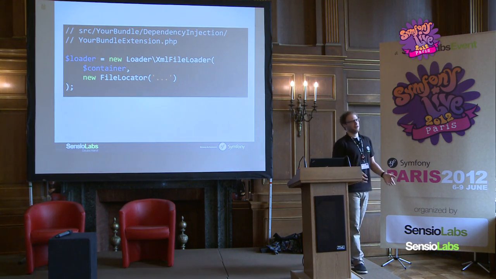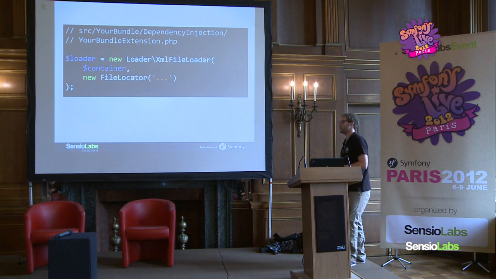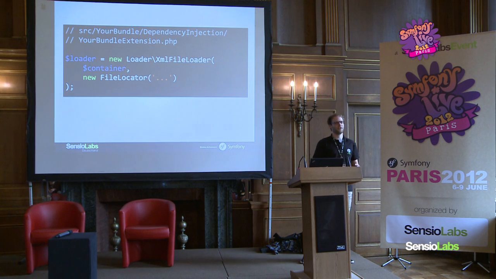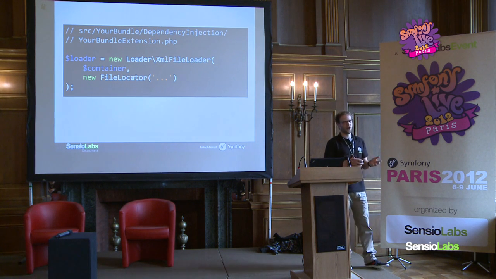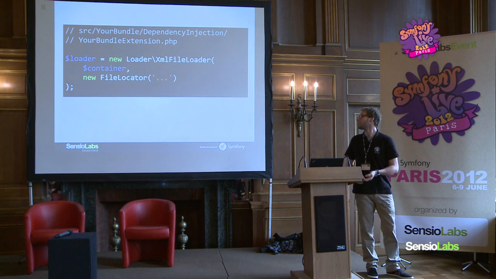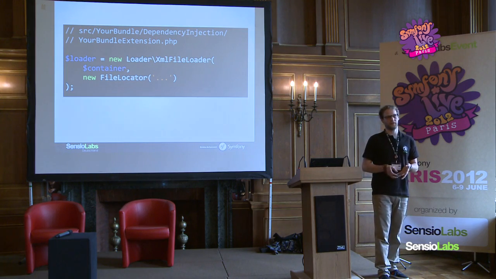And this, together with a loader, you can use to load your configuration options from the file. You can return it back, or you can use this XML file loader that is bundled by the dependency injection component.